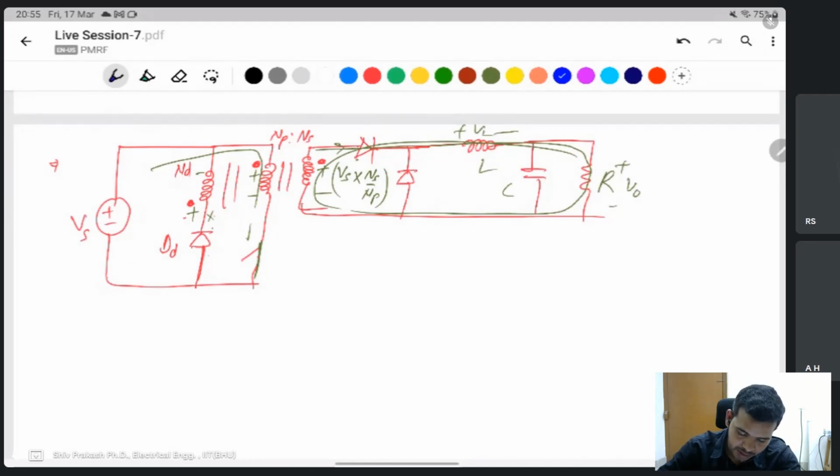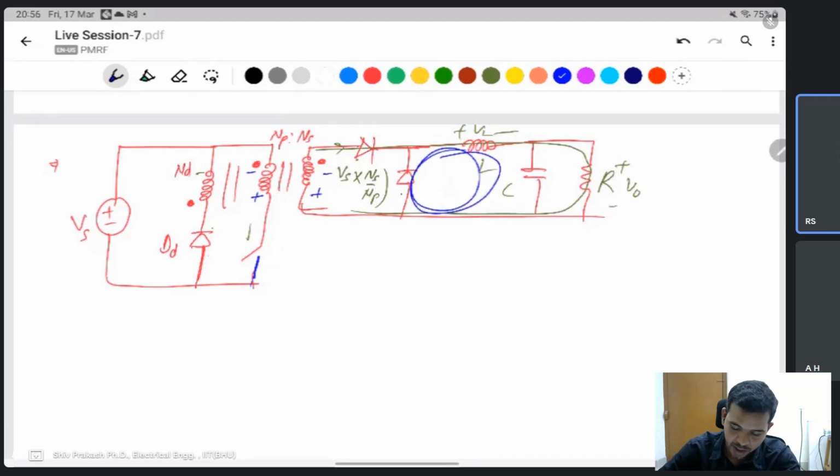Once this switch is off, in that condition the transformer has reversed the polarity. This one is positive, this one negative. This diode is reverse biased, this one will be forward biased, and the current will flow like that.